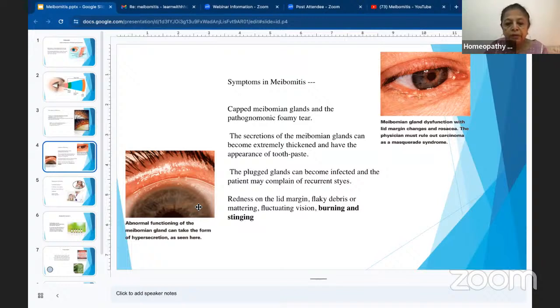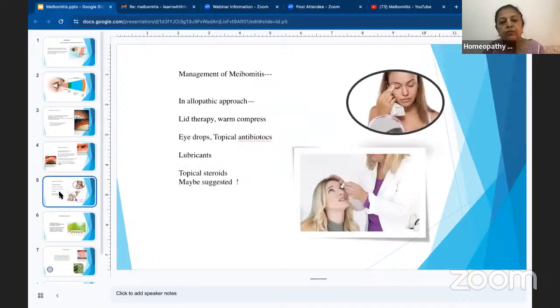So this is regarding Meibomitis. And how do you manage it? Very important in all the pathies is to do warm compresses. Why? Because with warm compresses, the thicker secretion becomes a little more liquid.